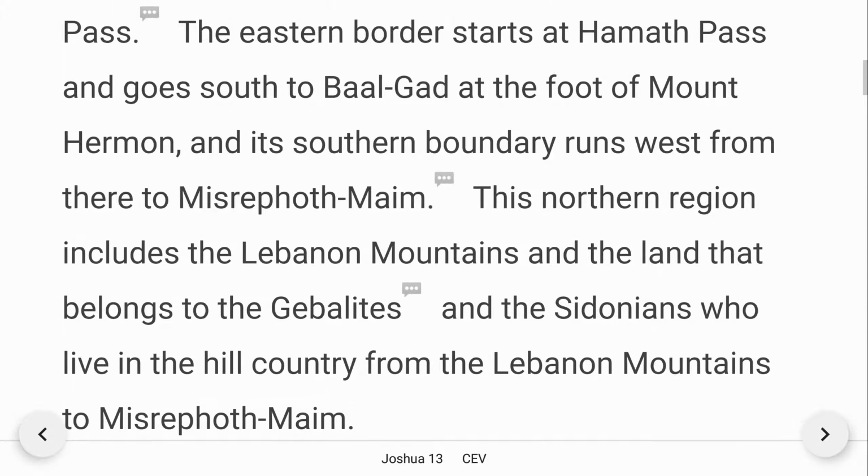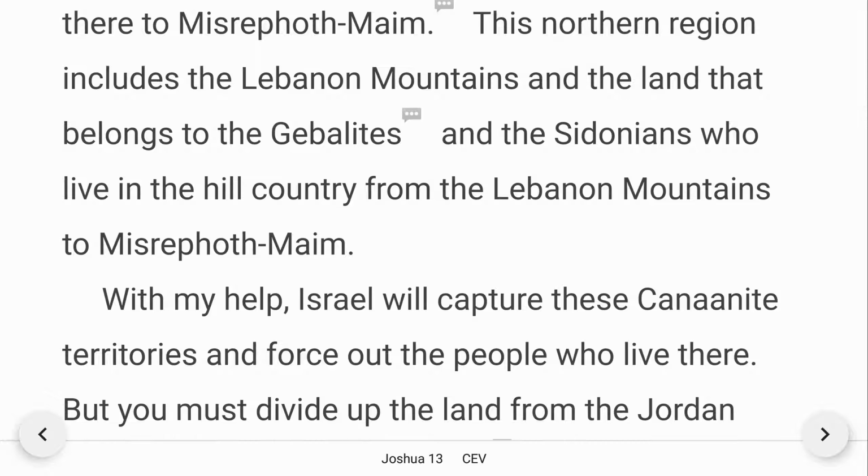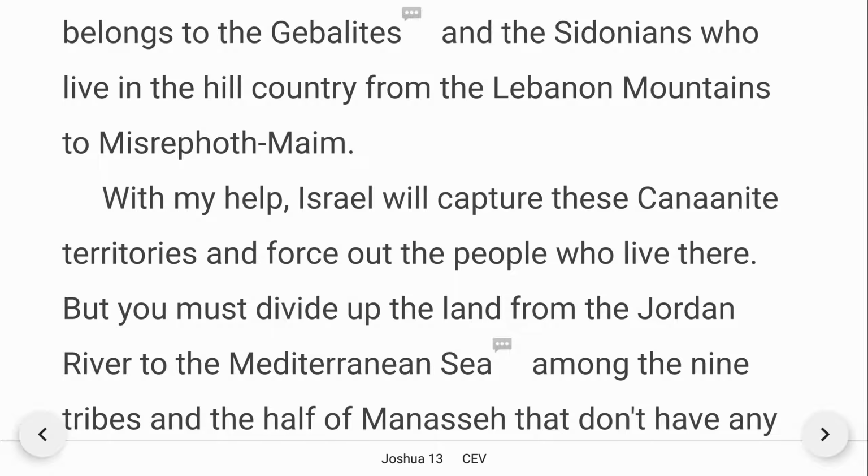This northern region includes the Lebanon mountains and the land that belongs to the Gebalites and the Sidonians who live in the hill country from the Lebanon mountains to Misrephoth-maim. With my help, Israel will capture these Canaanite territories and force out the people who live there.